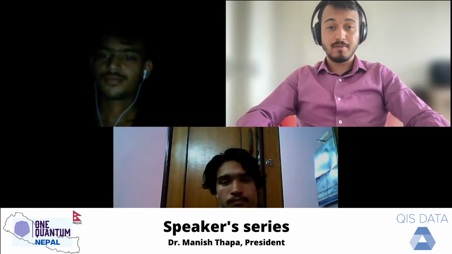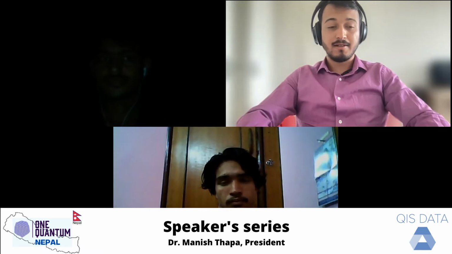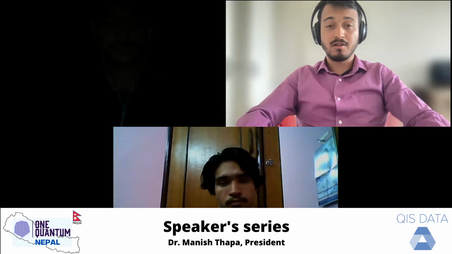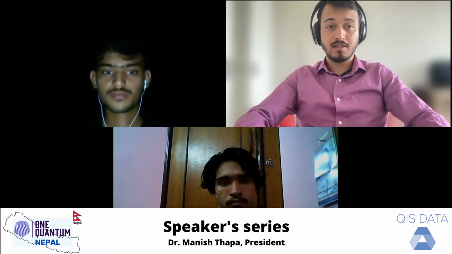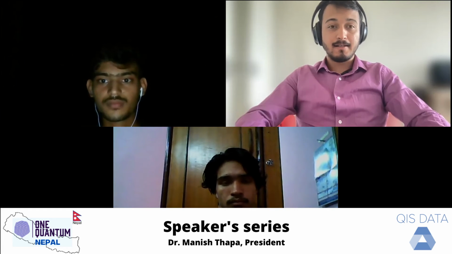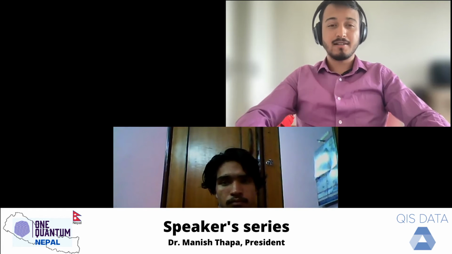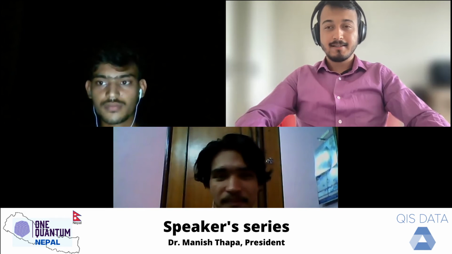Because Nepal is a mountainous country, we will benefit from a global optimum solution in this route finding problem. So our next project, which we'll do using StrangeWorks, will be a quantum optimization problem using a suitably chosen quantum algorithm. And we want to do that again together at OneQuantum Nepal in the next months.